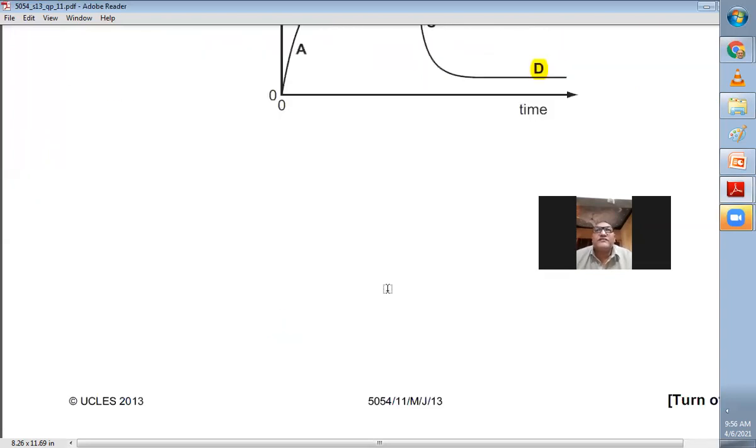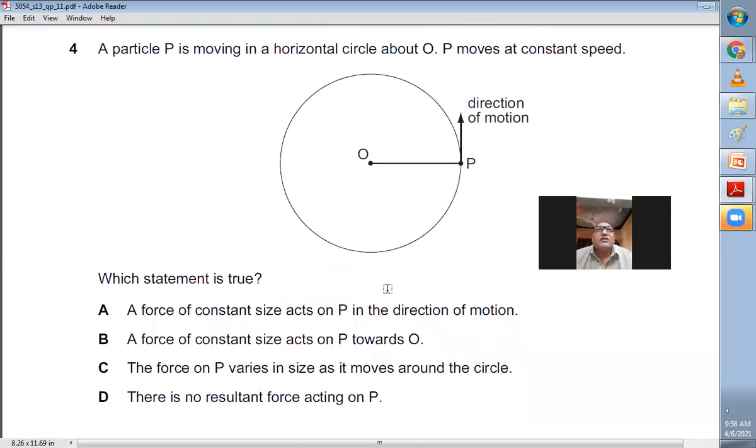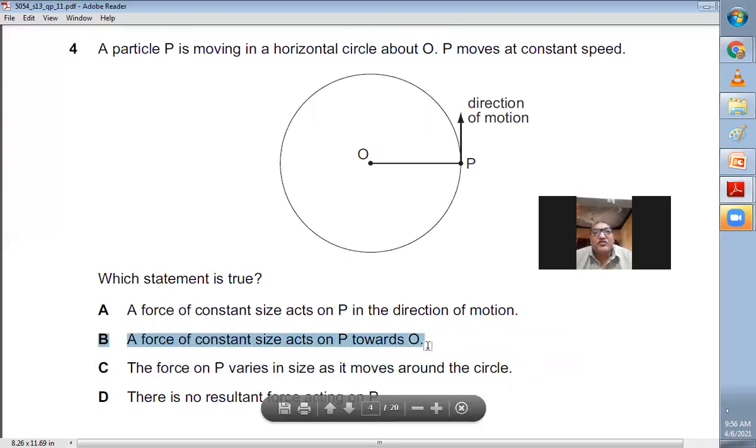Question number 4. A particle P is moving in a horizontal circle about O. P moves at constant speed. Which statement is true? A force of constant size acts on P in the direction of the motion. That is wrong. A force of constant size acts on P towards O. Yeah, that is the centripetal force.